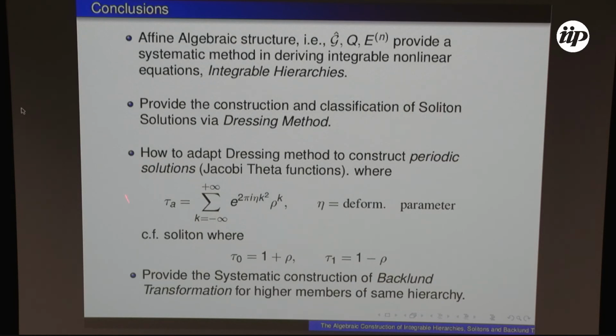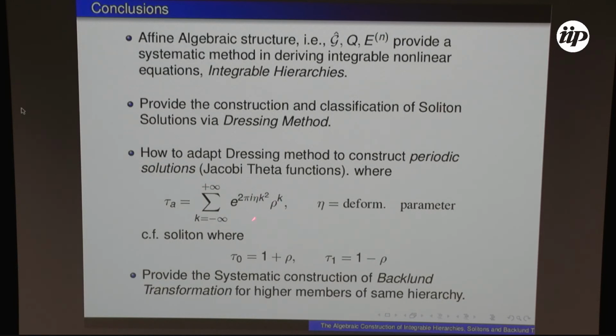And one thing that is still not clear and still has to be sorted out is this. If you go to Faddeev's book, right at the beginning, he says there are 3 sorts of solutions: solutions with zero vacuum, solutions with constant vacuum that we have seen, and periodic solutions. Periodic solutions have to do with Jacobi theta functions.